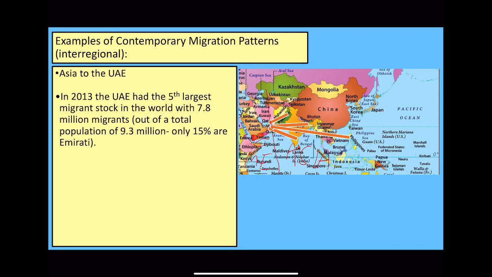So only 15% of people living in the United Arab Emirates are what are called Emirati, as in people who would be considered native people living within the country. So 85% of the population are migrants within the UAE.